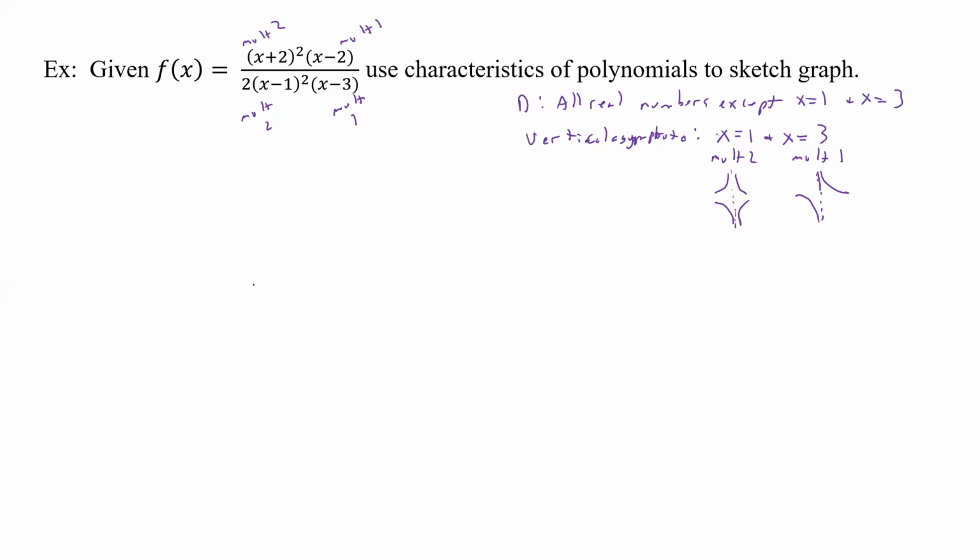Now let's look at our degrees. This is an x squared, this is an x, so that's going to be x cubed on the top. And on the bottom, this is x squared and x, so that's going to be x cubed on the bottom. The leading coefficient ratio is 1 over 2, so y equals 1/2 is going to be our horizontal asymptote.